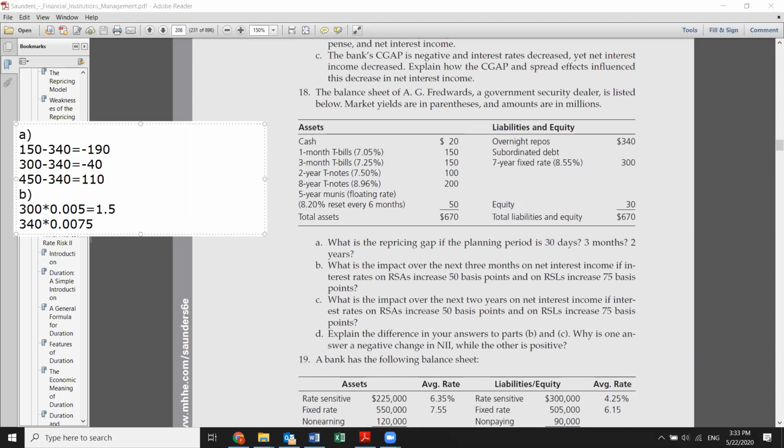If you calculate, 340 times 0.0075, it's going to come up with 2.55. So we can see here the change in net interest income will be the difference: 1.5 minus 2.55, which is minus 0.95.